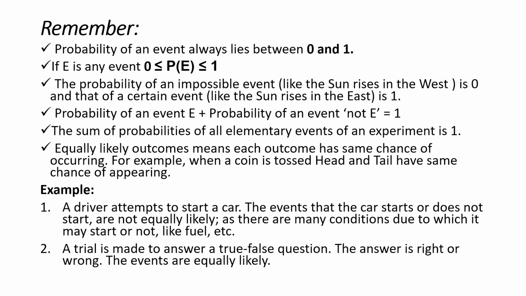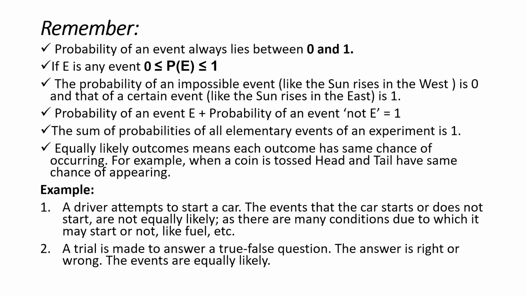Another fact is the probability of an event E plus the probability of the event not E, meaning E occurs and E does not occur, the sum of the probabilities is 1. Or in other terms, the probability of an event plus the probability of its complement is equal to 1. The sum of probabilities of all elementary events of an experiment is 1.